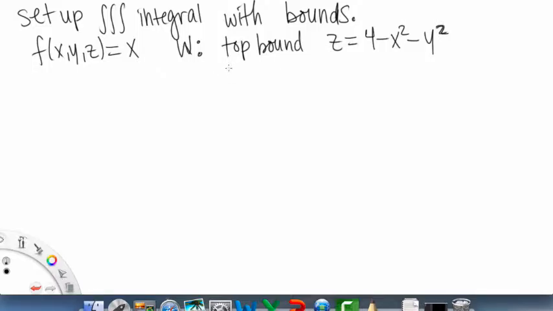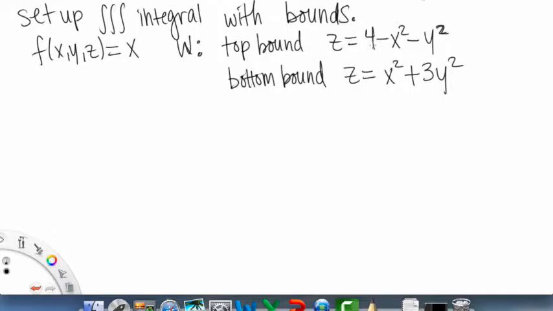And then the bottom bound, or the lower bound, is z equals x squared plus 3y squared. Okay? So we can relabel these: the bottom one as z1 of x, y, and this is z2 of x, y.